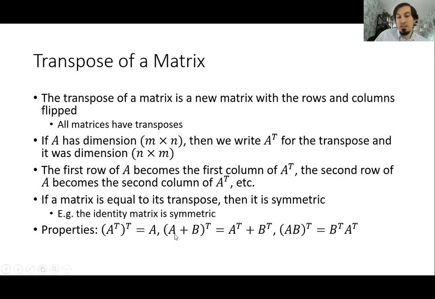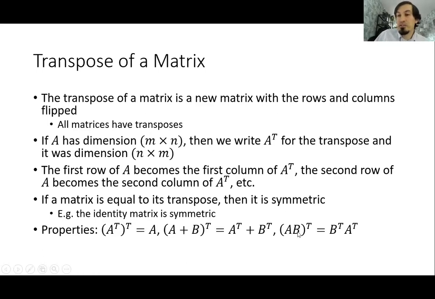What are some other properties? If you take the transpose of the transpose, you just get the original matrix. That's always true. If you take A plus B and add them together, the transpose is the same as taking the sum of the two transposes. That's probably pretty obvious. But here's an interesting one. Running out of time, 2 minutes left.